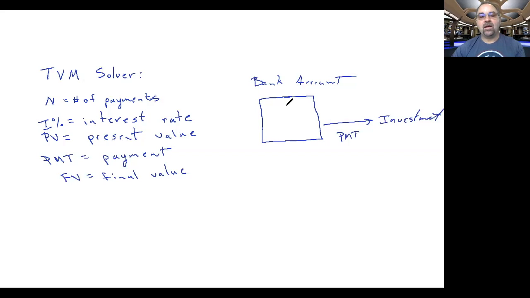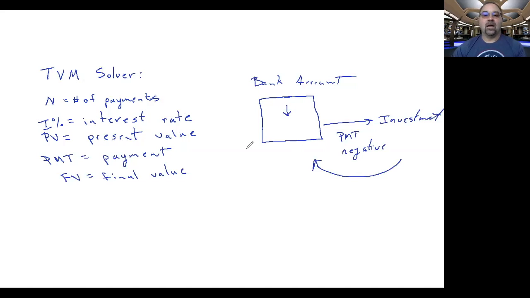Since my bank account is going to go down, I use a negative number. So if my present value was 0 and my payment was negative 200, that means I'm putting out negative 200, then my final value in the end will be positive, because the final value comes back into my bank account.